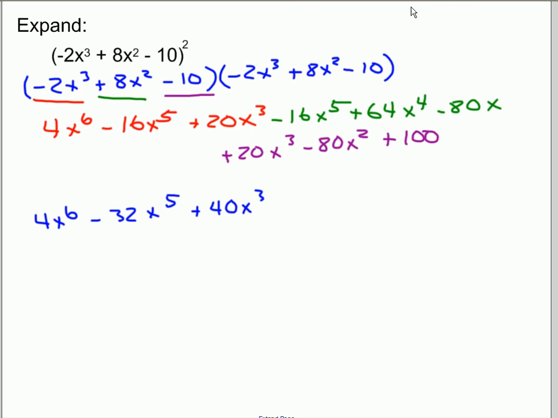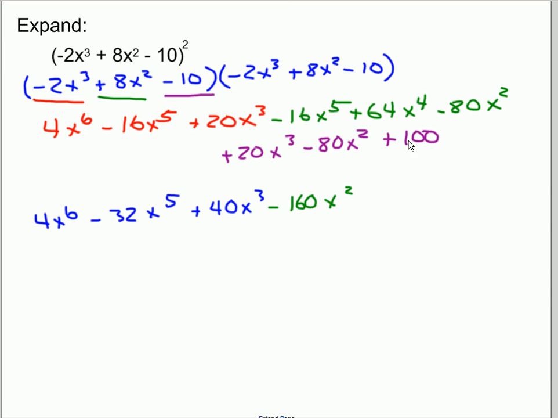Negative 80x, this should be negative 80x squared, actually, because 8x squared times negative 10 is negative 80x squared. Negative 80x squared and negative 80x squared is negative 160x squared. I don't have any x to the first power terms here at all.